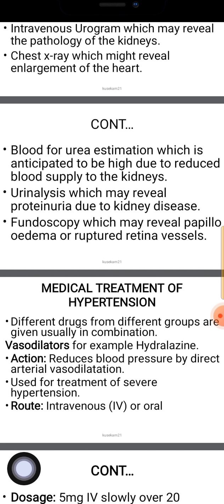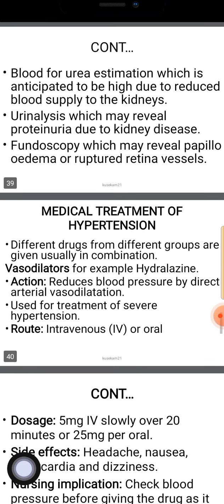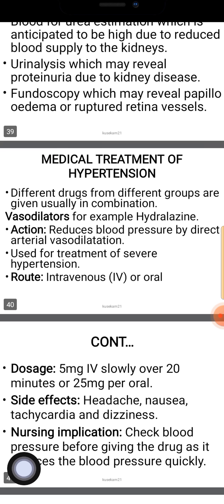Then blood for urea, urinalysis. While doing urinalysis, you remember there is this kidney. That's where there is excretion of these fluids. So do urinalysis to rule out kidney failure.